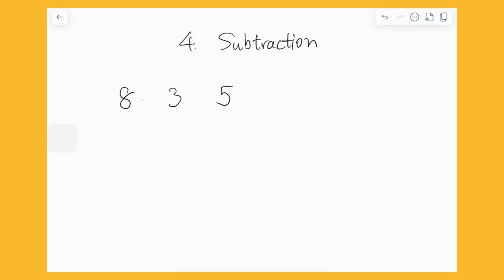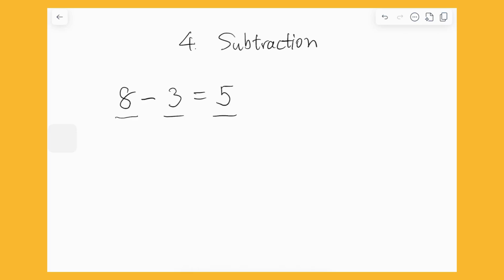What we can do with that? 8 minus 3 equals to 5. So this is subtraction. It means taking away. So we are taking away 3 from 8 here, and 5 left.